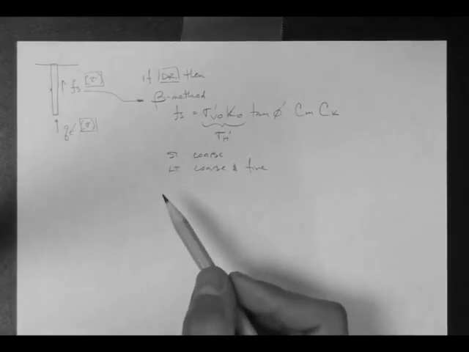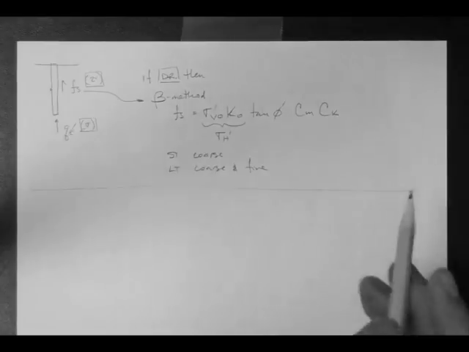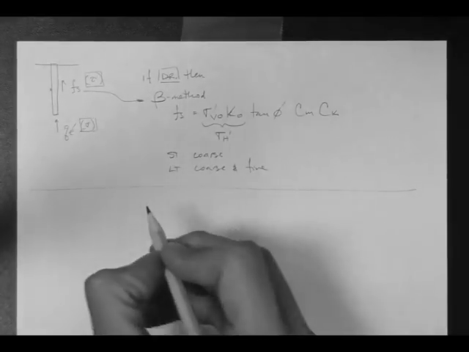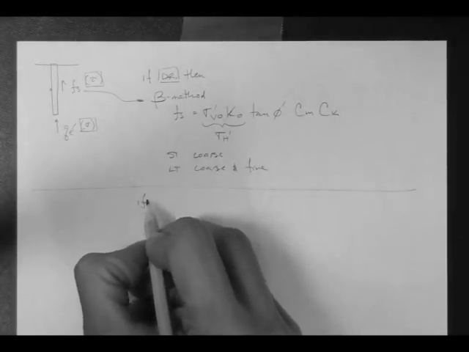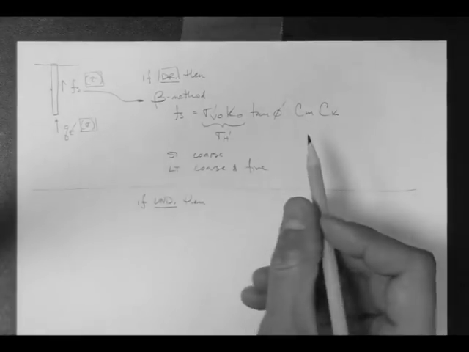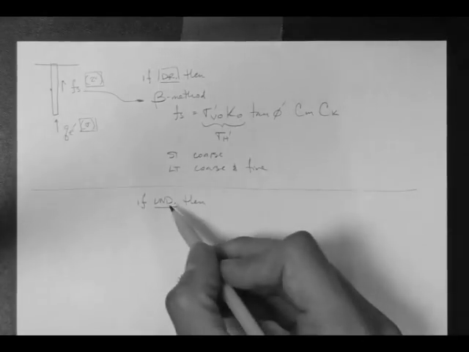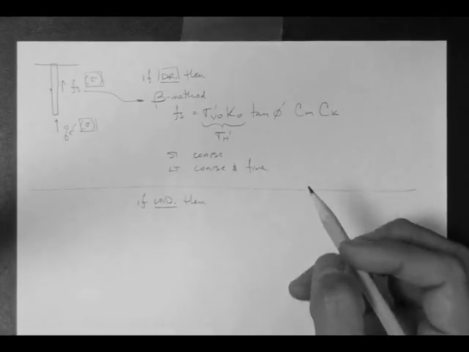All right. So the next thing to do is to realize that if we have undrained conditions, the only way we can have undrained conditions is in the short term for fine-grained soils.